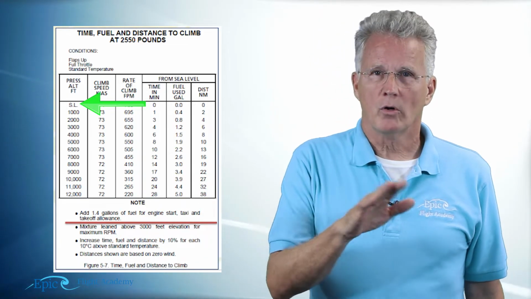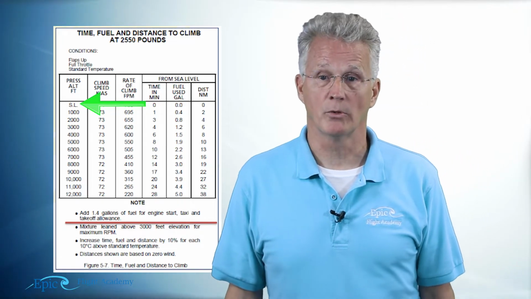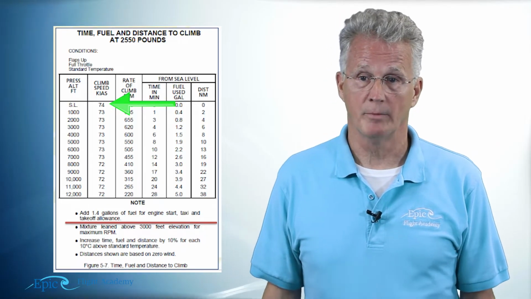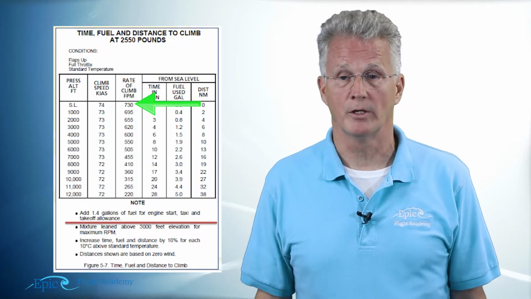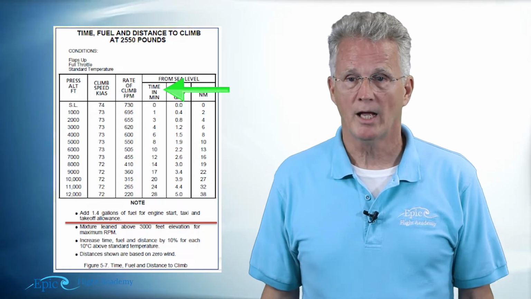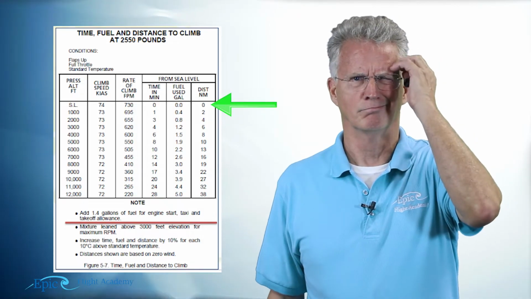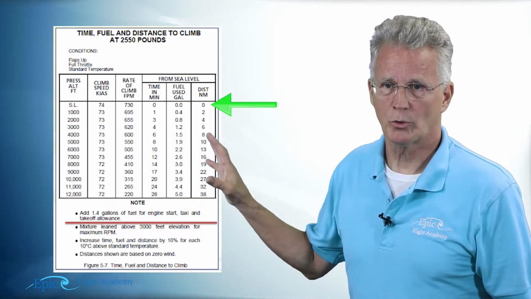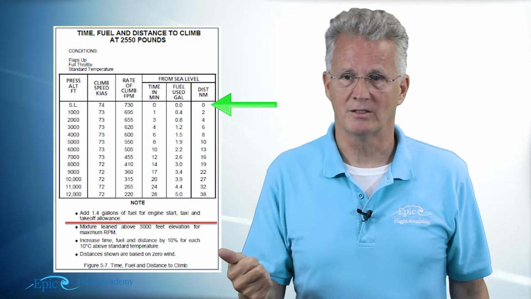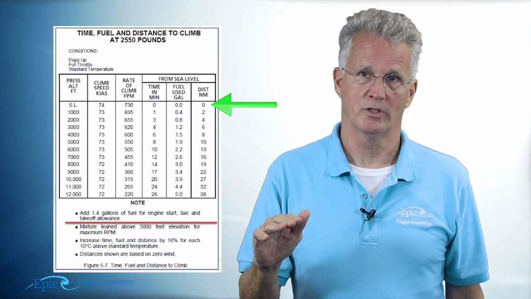As I move horizontally from sea level, I see my climb speed is going to be 74 knots, and my rate of climb should be approximately 730 feet per minute. But notice it says time 0, gallon 0, distance 0. Those last three columns are giving me my estimated time, fuel, and distance from sea level.